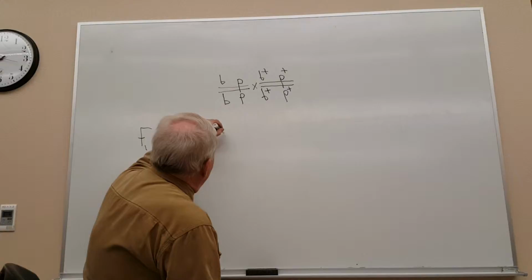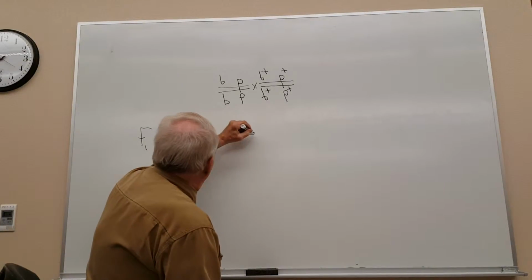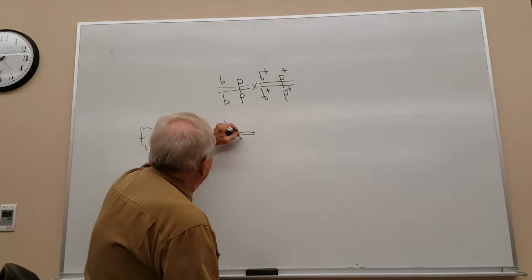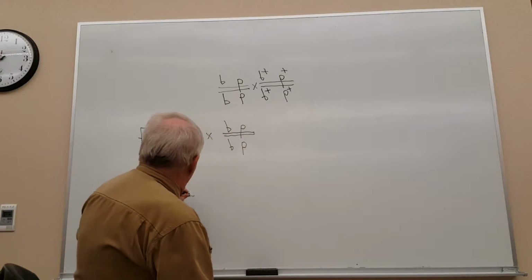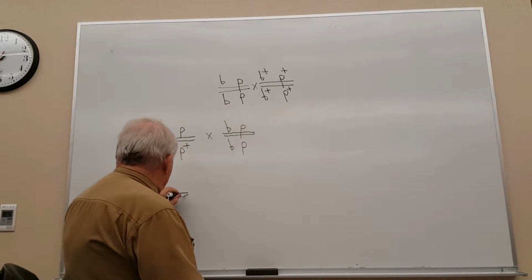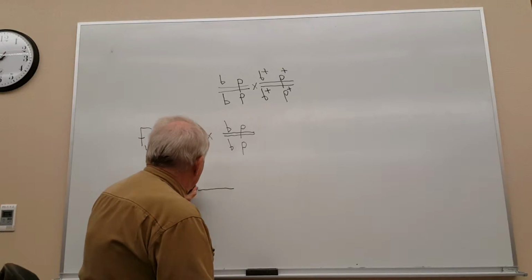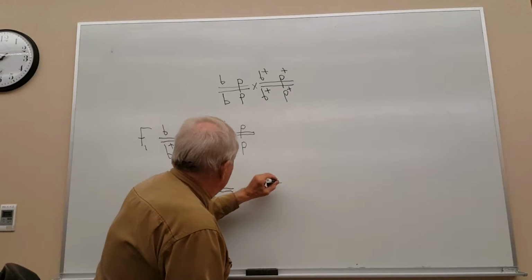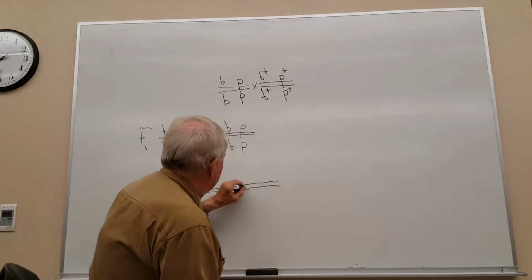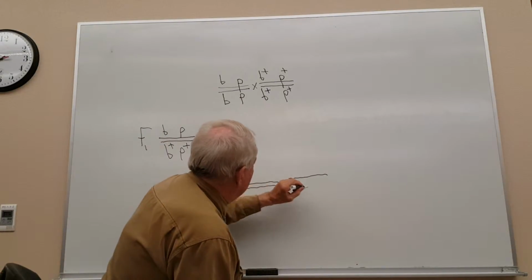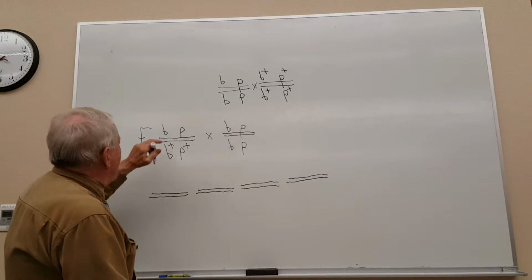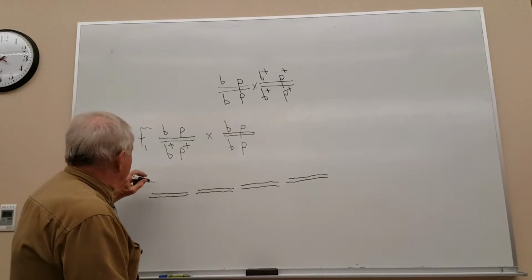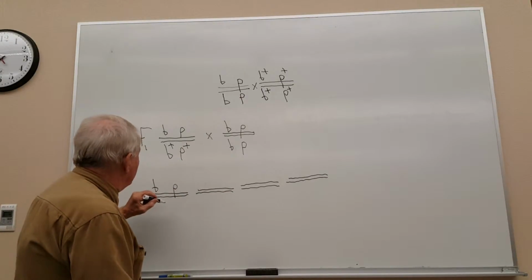And so what am I going to do to this? Test cross with homozygous recessive. Okay, and so we might as well just do these. Okay, and so top of the left, bottom of the right gives me homozygous recessive.